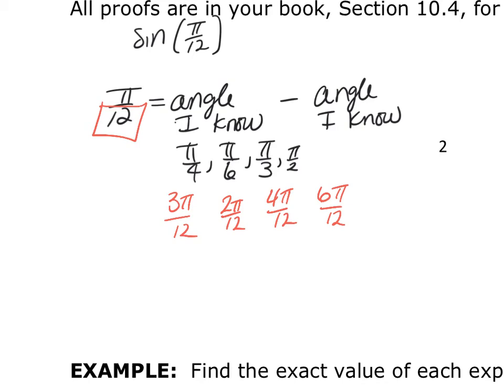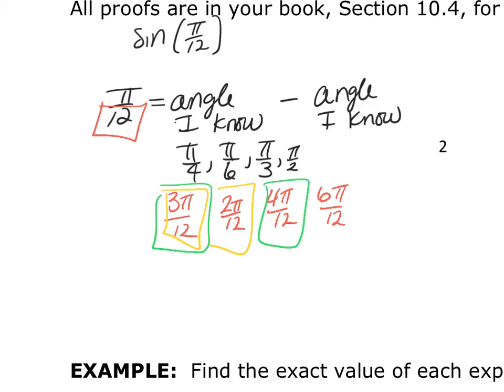So which ones, if I add them or subtract them, give me pi over 12? Which two will give me pi over 12? Yeah, so I can choose this one and this one, or I can choose this one and this one. Does it matter? No. You're going to get the same answer. It just depends on which ones you choose.